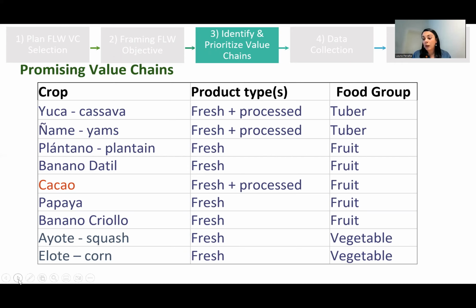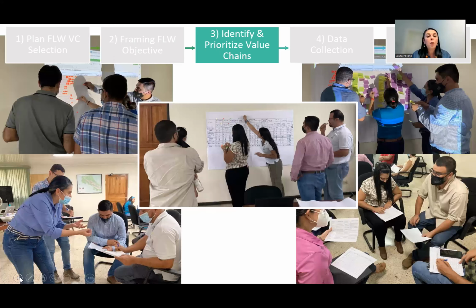But what we were able to do, as we can see in the pictures in the next slide, was also to bring up a whole bunch of different participatory tools into the application of the guide. Since our group was a bit bigger, we had like 20 participants at some point.